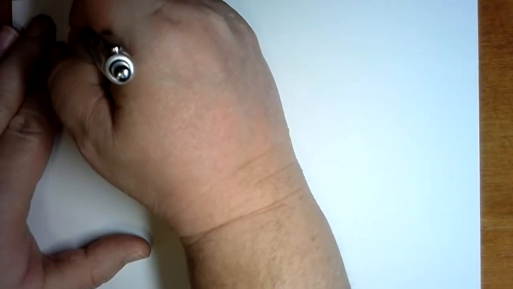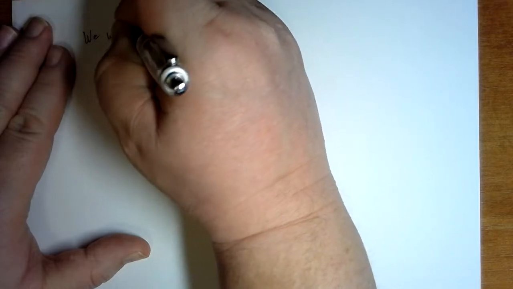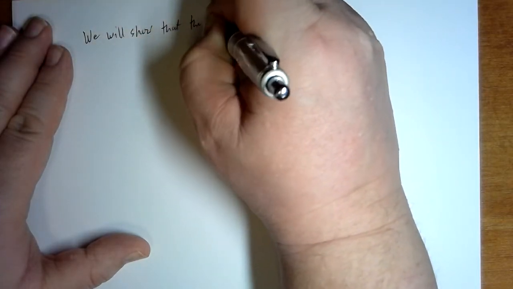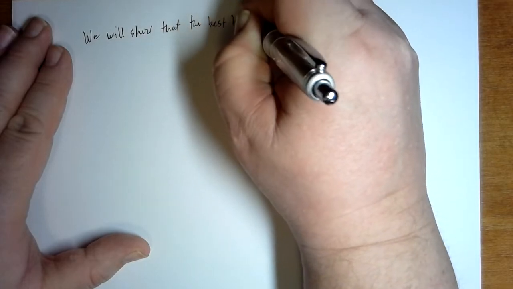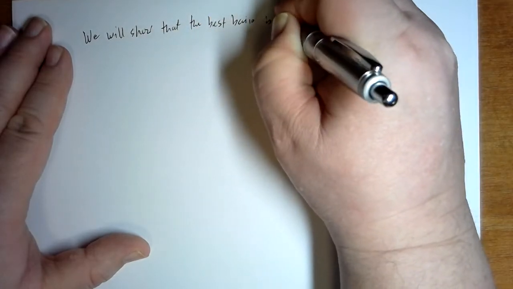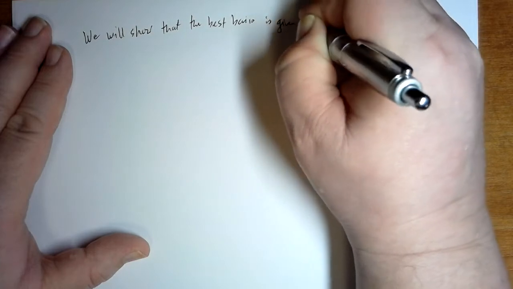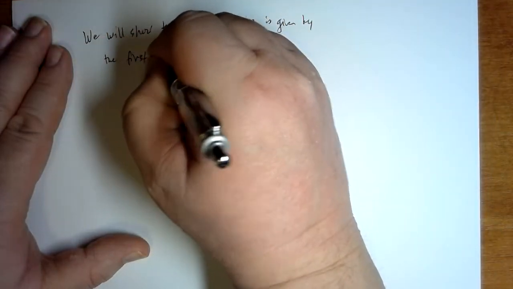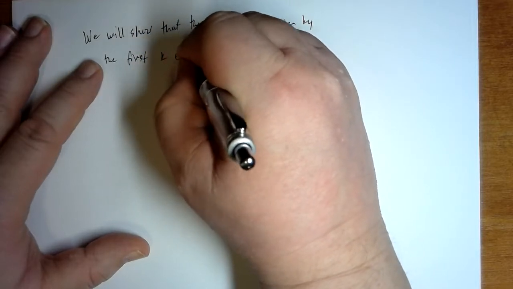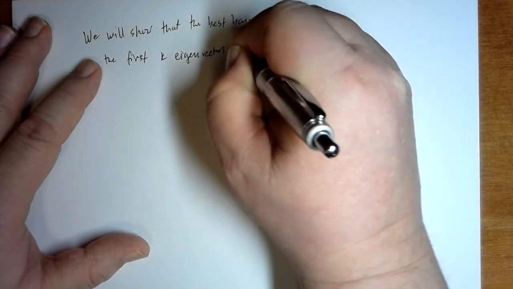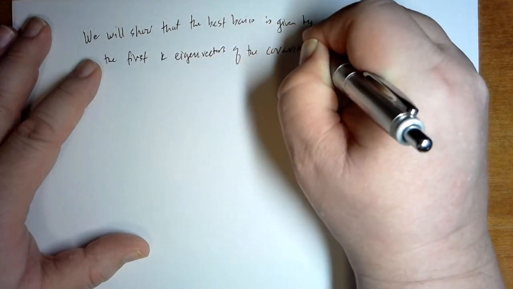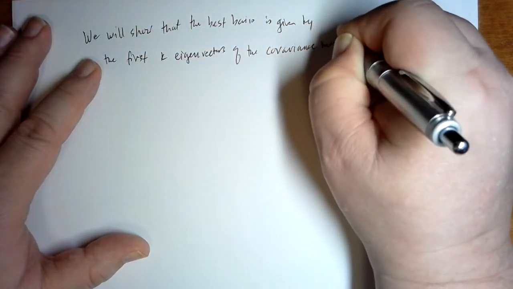We will show that the best basis is given by the first k eigenvectors of the covariance matrix for the data.